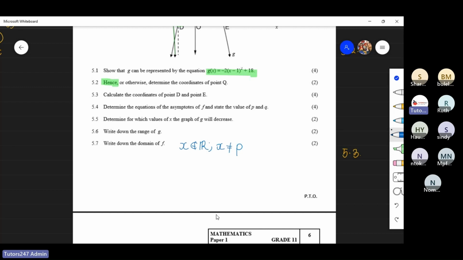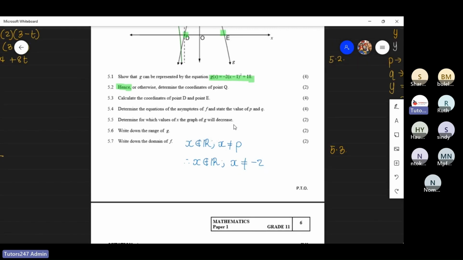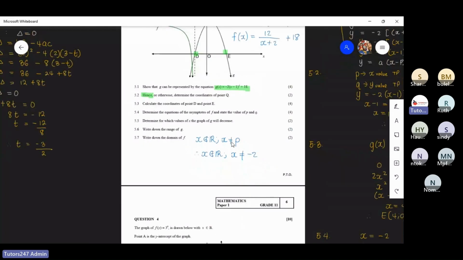Our p value was -2, so our answer is x an element of real numbers where x is not equal to -2. If you want to find the range of f, it would be y an element of real numbers where y is not equal to q. In this case, our q value is 18. So it would be y an element of real numbers where y is not equal to 18.